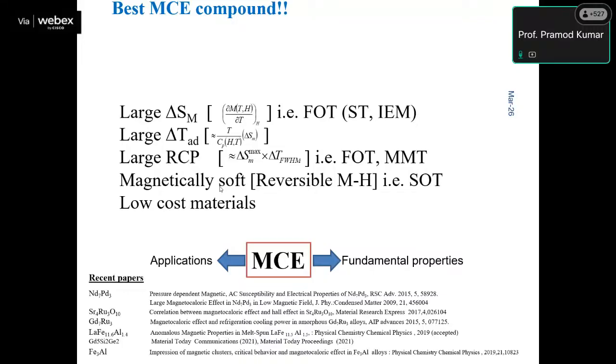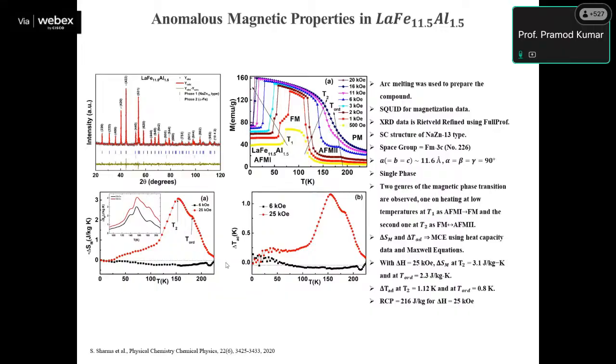Here I am showing one data set. Just assume this is one material known as LaFeSi. Here I am showing the magnetization versus temperature curve. Just try to look at this curve.